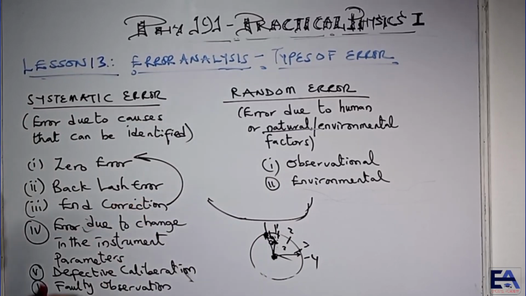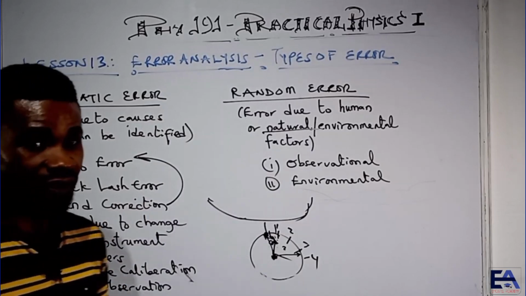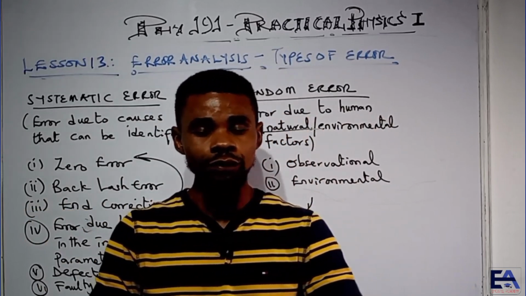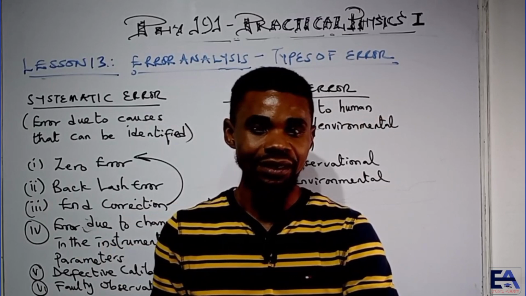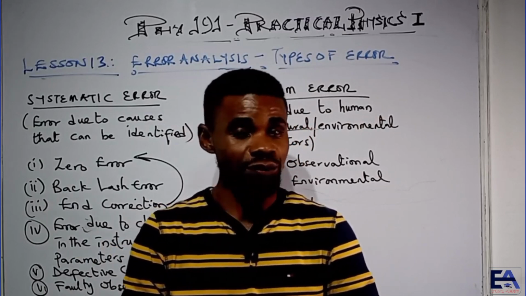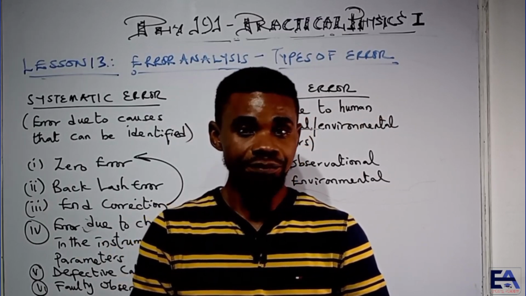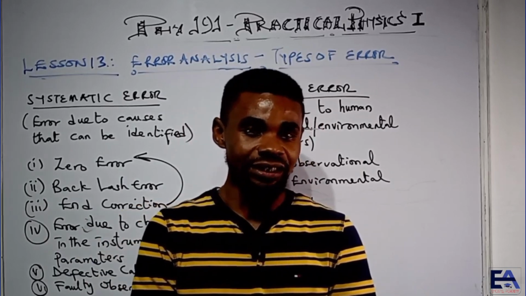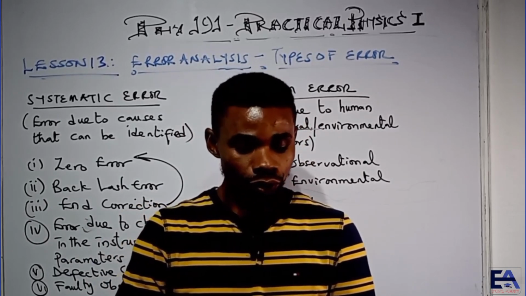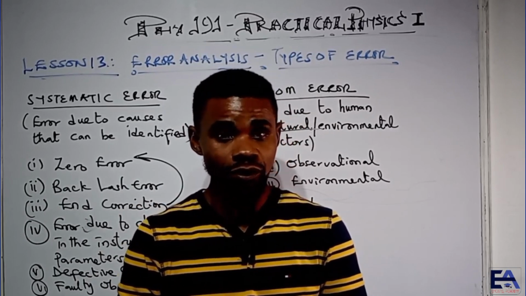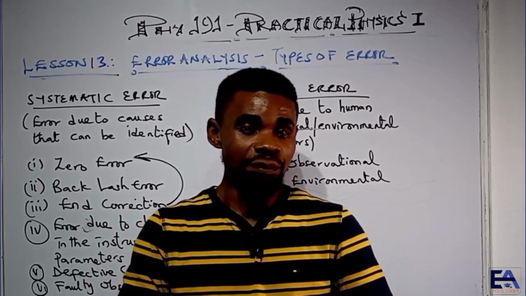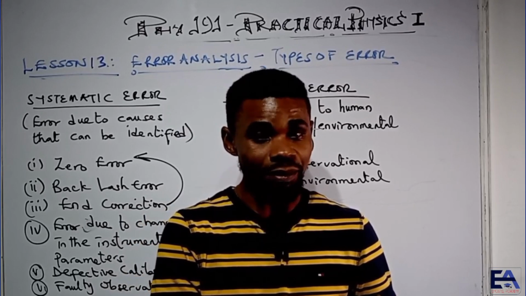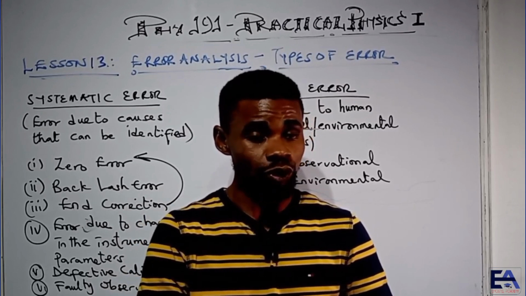Then the next one is the error due to change in instrument parameters. This one usually happens with instruments that involve some things that can change with time. The best example I can point to at this moment is a battery. If you are performing an experiment on electricity, and you leave your battery on for a long time during the experiment, at some stage the battery will begin to run down.